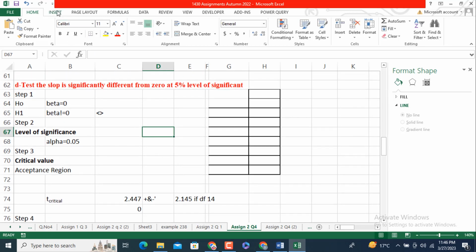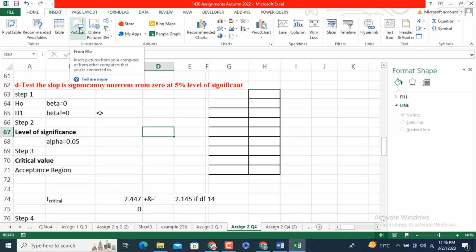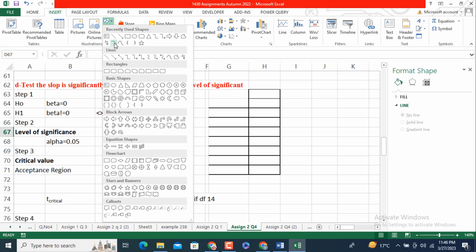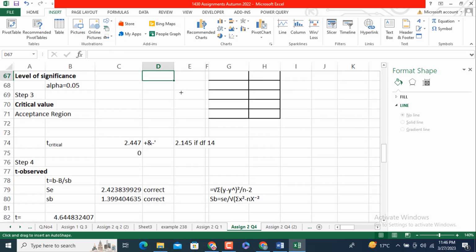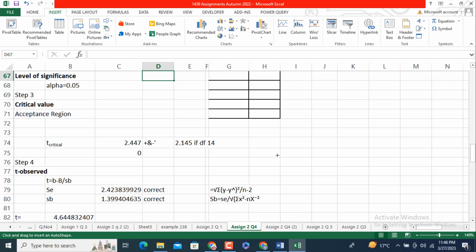One last thing that I am going to show you is how to make a picture here. Please be patient here. It is for your benefit. First I am going to click this one.